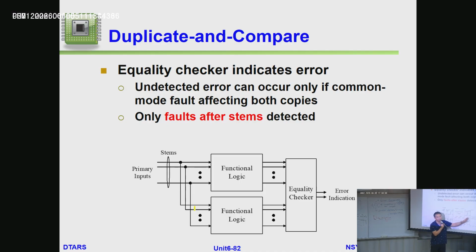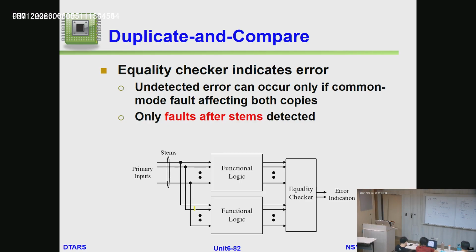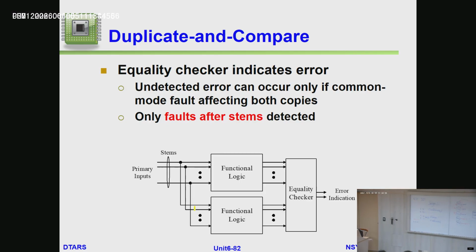So your output may also be the same. It will make the error undetectable. So for this scheme, the limitation is that only errors occurring here, here, here, which affect only this one or this one, can be detected. So it is the limitation.